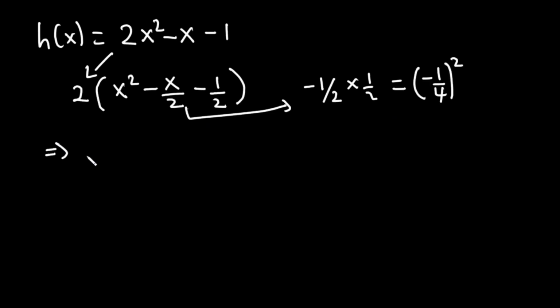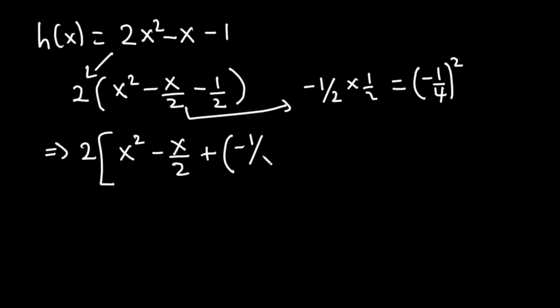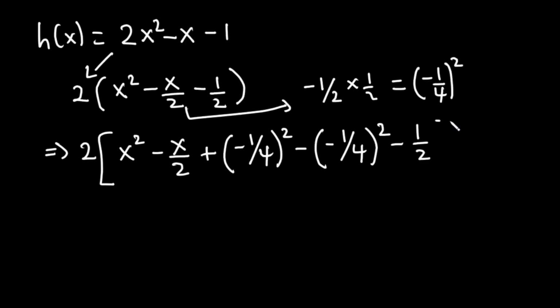So we are going to have 2 on the outside, and then we have x squared minus x over 2 plus negative 1 over 4 squared minus negative 1 over 4 squared minus 1 over 2.